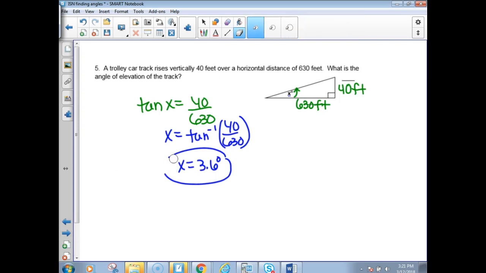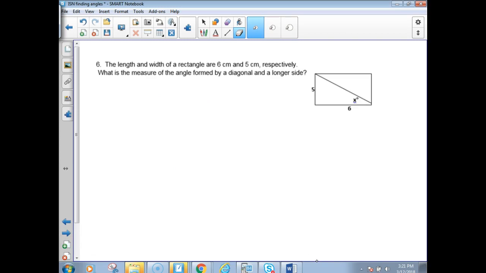All right, one more. Side length. The length and width of a rectangle are 6 and 5 respectively. That means that the length is the 6 and the width is the 5. It doesn't really matter where you put them if you were drawing this picture. However, what is the measure of the angle formed by a diagonal and the longer side? The diagonal is there. The longer side would be the 6.